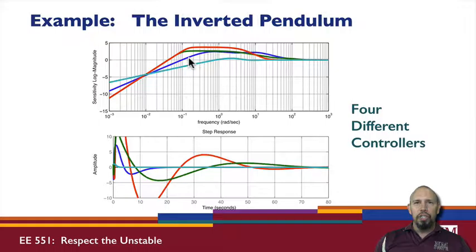The other three used what's called a unity feedback configuration. That is the feedback configuration I showed, where you have the controller and the plant in the loop. So this one uses something called a 2 degree of freedom controller.